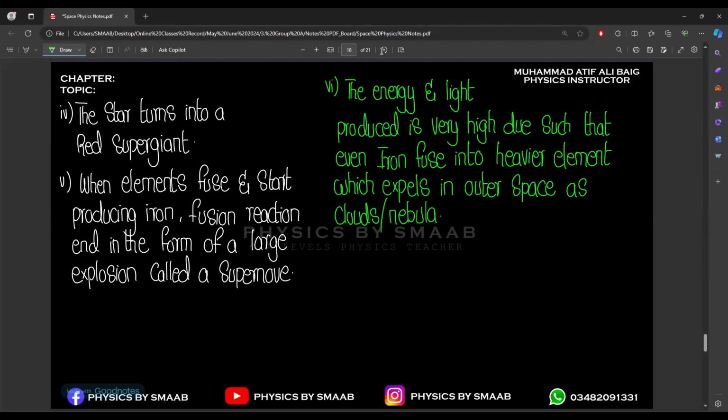So this is the concept for the red supergiant, or the high mass star, as compared to the small mass star.